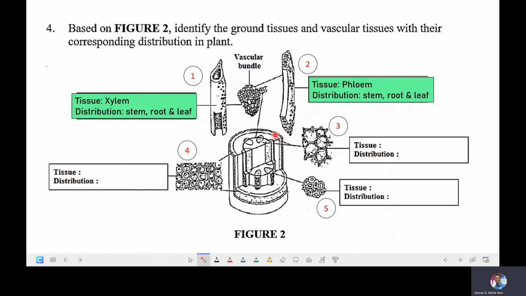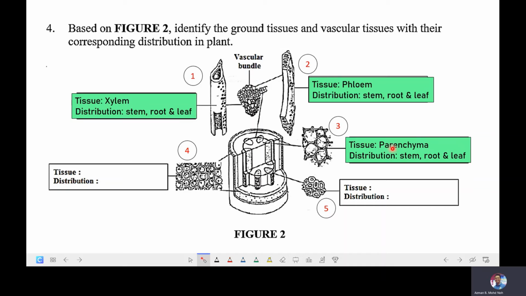Okay, over here will be the cortex region. Meanwhile, in the middle will be the pith. The cells found over these two areas will be the parenchyma cells, which will form the parenchyma tissue, at this cortex region and also at the pith.